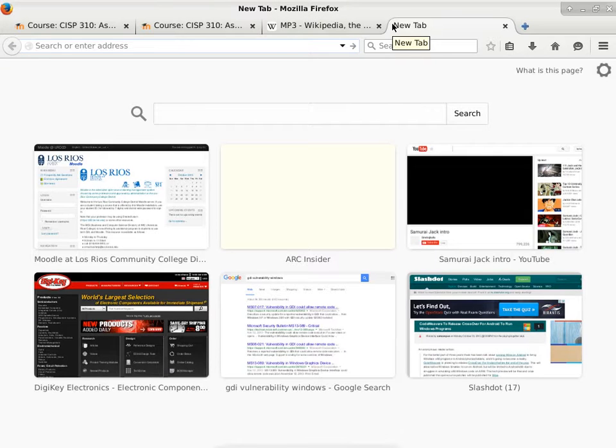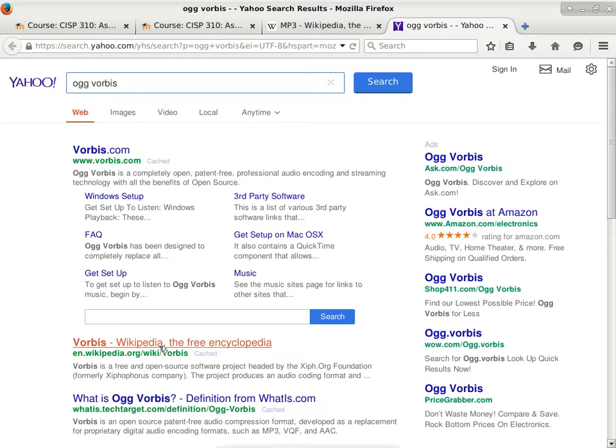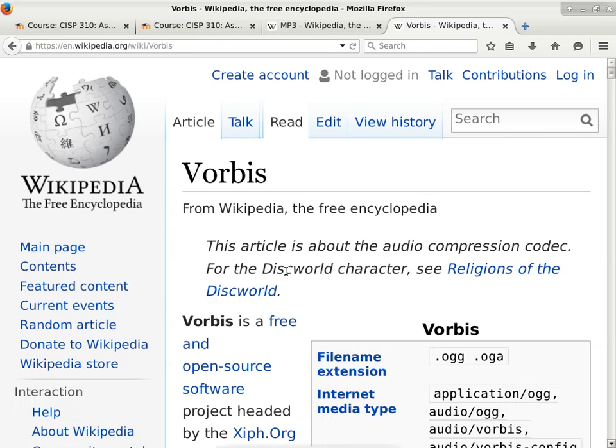And the other one is called OGG Vorbis. It is a different encoding scheme, and that one is not popular, even though it's open source. This one is not copyrighted or patented, unlike the other one. It is not as popular because of the requirement in hardware. It cannot be done with less hardware compared to MP3. Is that part okay? All right.